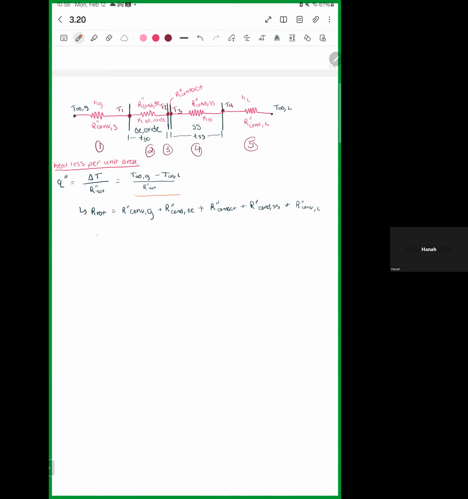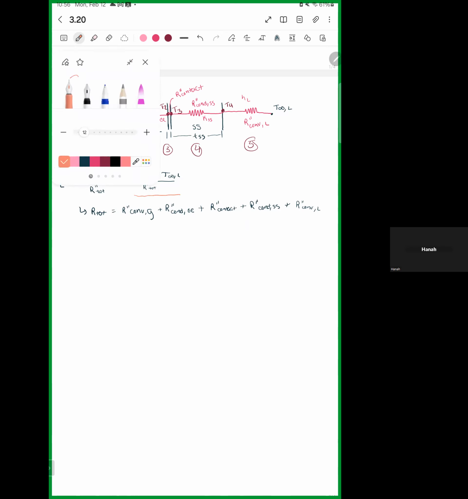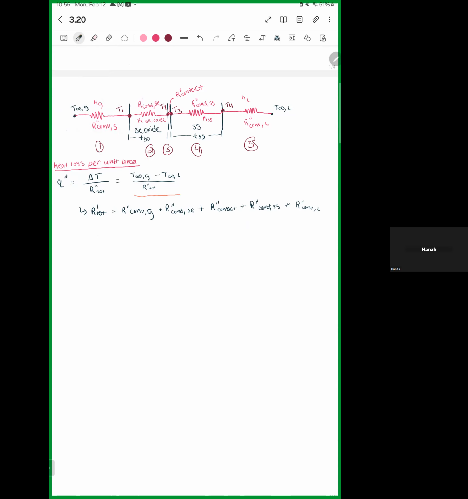But to find R double prime total, you're adding the convective, the conductive, the contact, the conductive, and the convective resistances all the way from T infinity on the gas side to T infinity on the liquid coolant side.